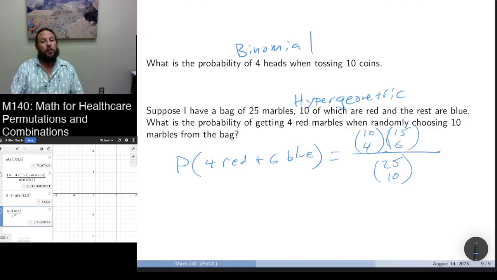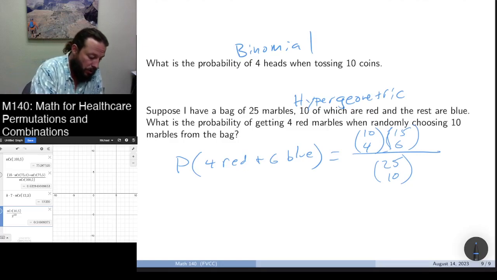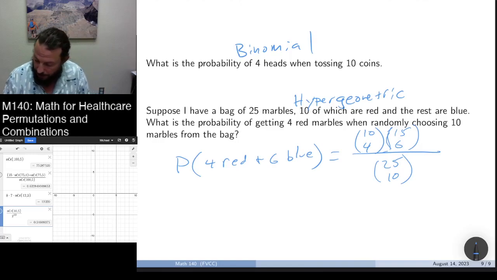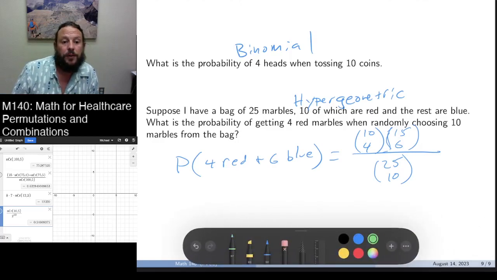Now we'll evaluate this in just a minute, but I want to note that when we're doing these hypergeometric problems, or sometimes I call them good-bad problems, we could double check.